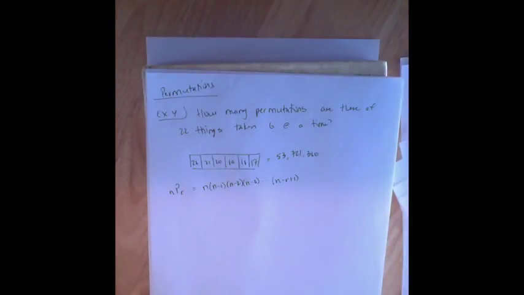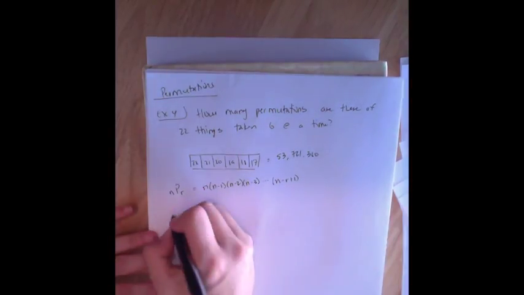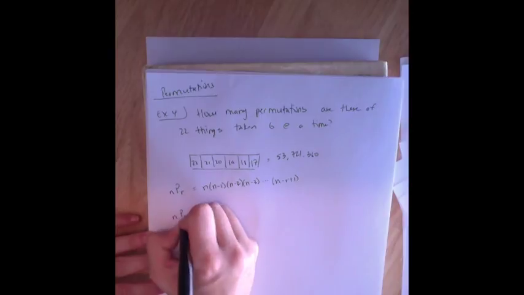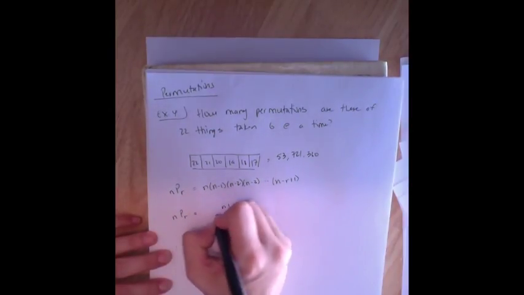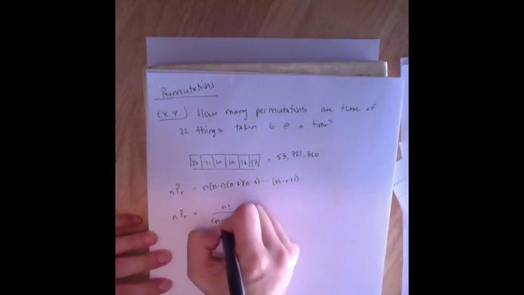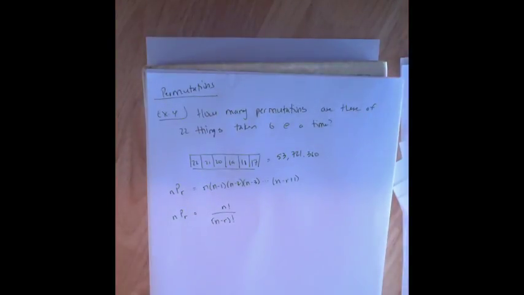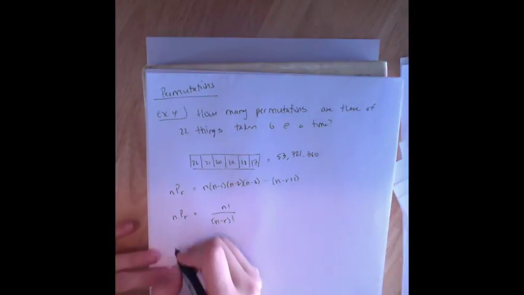Now, what we can actually do is take this and make a general expression saying n permute r is n factorial over n minus r factorial. Makes it really easy, right? So let's look at this next example.